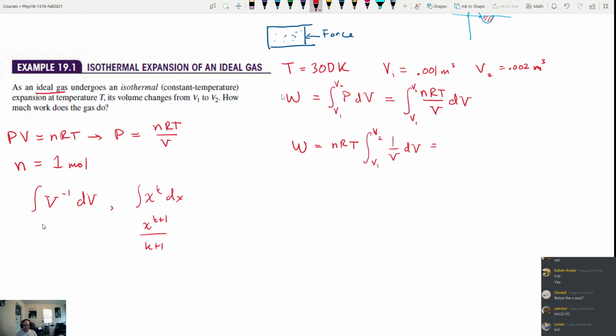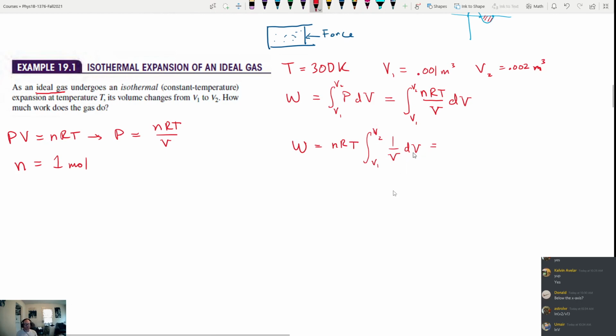If you do that in this case, you get V to the 0 divided by 0. You see the problem? This doesn't make any sense. So we have to come up with another thing for what the integral of 1 over V is, and it's natural log. It's the one power rule case that you cannot use the power rule for. All other powers work. Even if the power was like pi, it would work. But it does not work when it is negative 1.